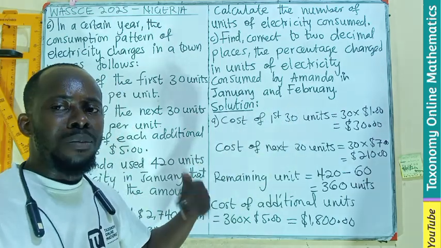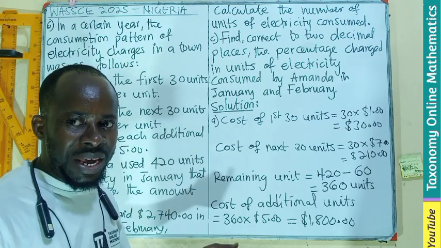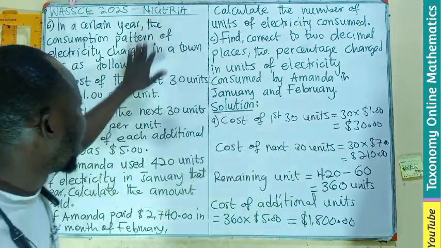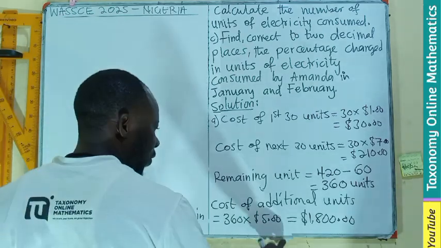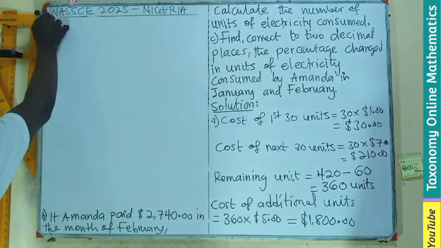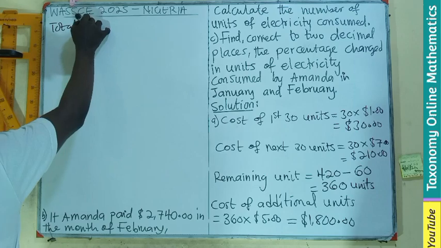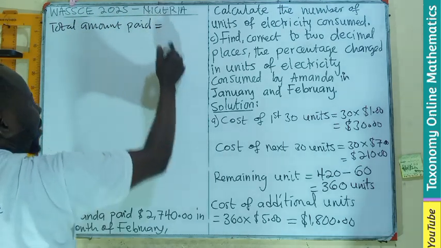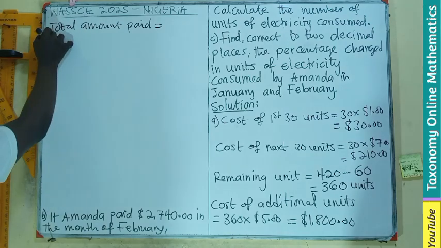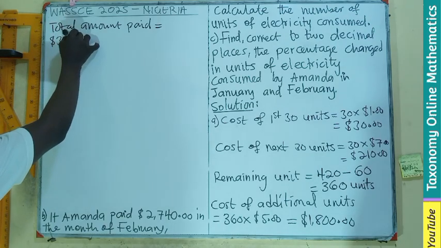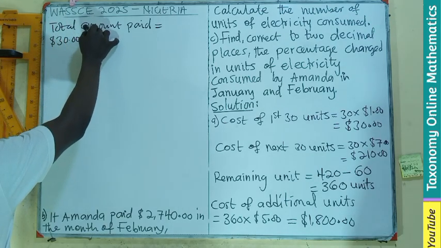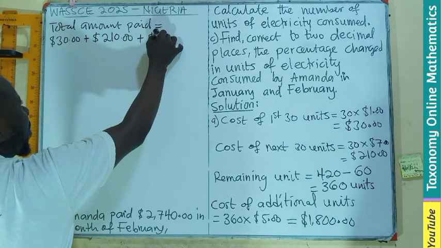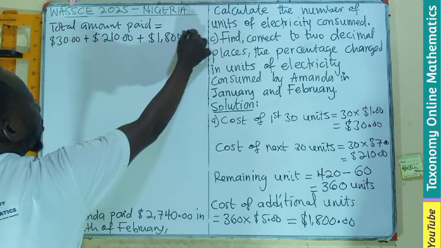Now, in all, how much will Amanda be paying? After calculating this, we need to find the total. So let's clean here and continue. Let's find the total amount paid. The total amount paid is the first $30 plus the second $210 plus the third $1,800.